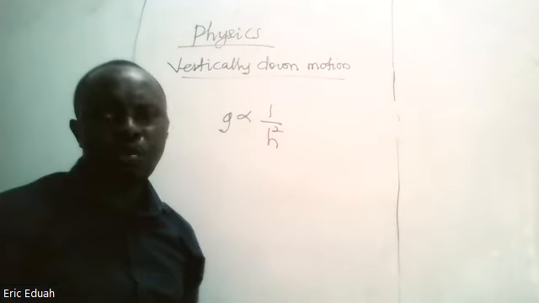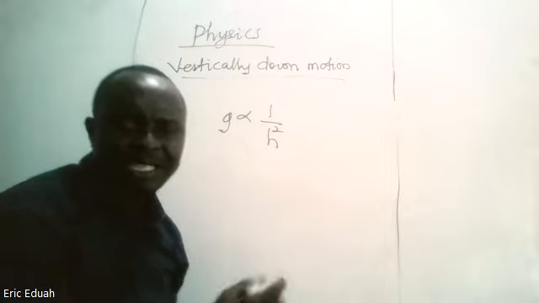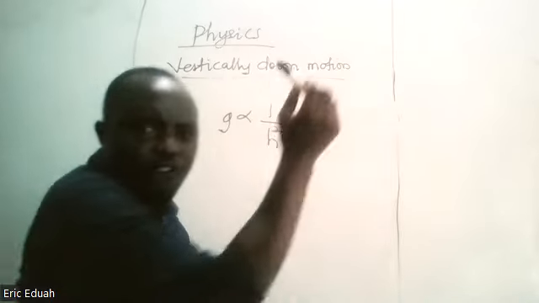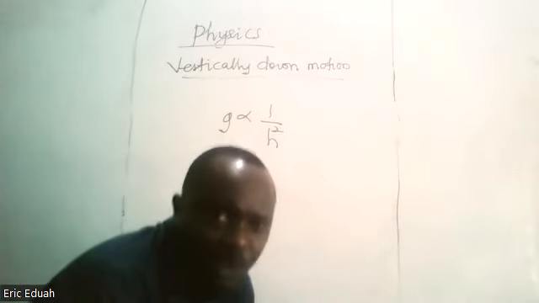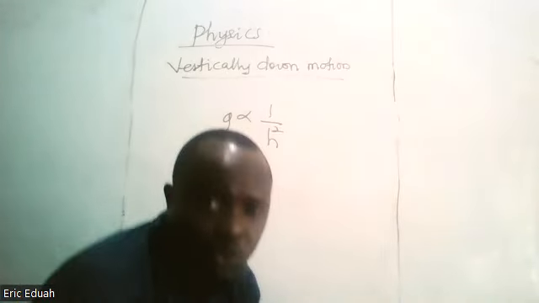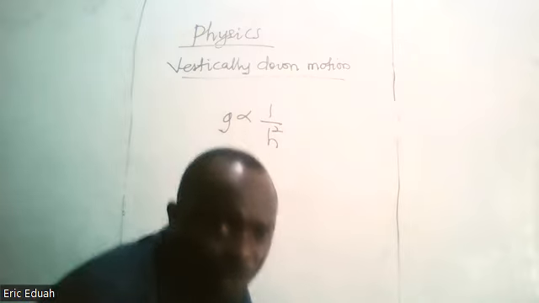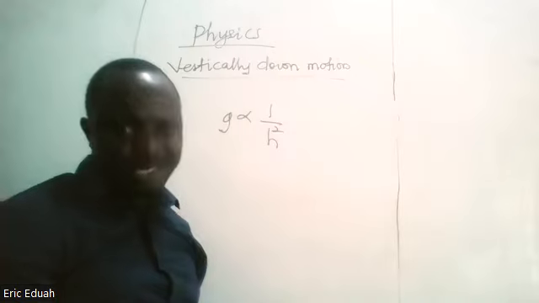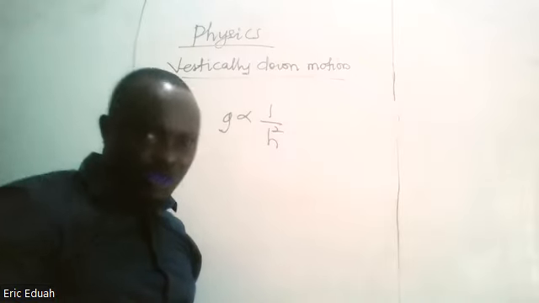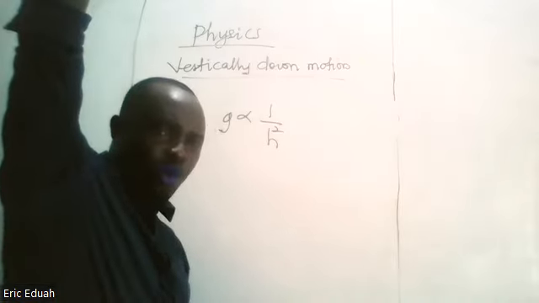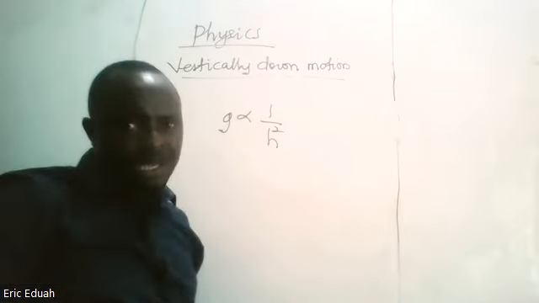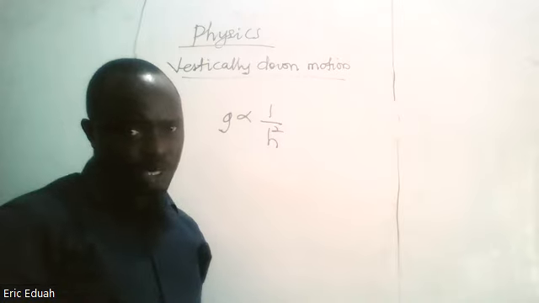Now, I said the value is constant at sea level, meaning if we could go through the earth and move below sea level, the value of G also changes. So the higher you go, the lesser the value, the lower you go, the lesser the value as well.